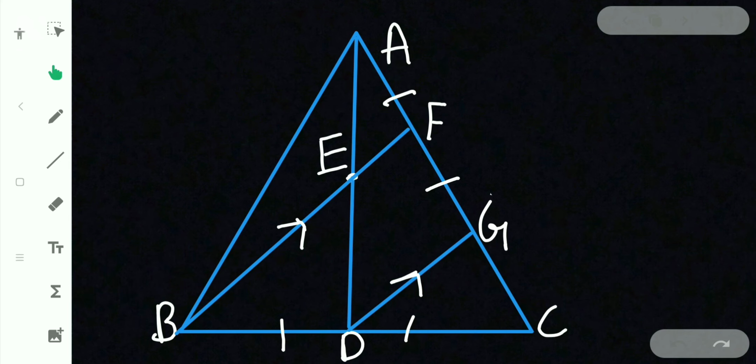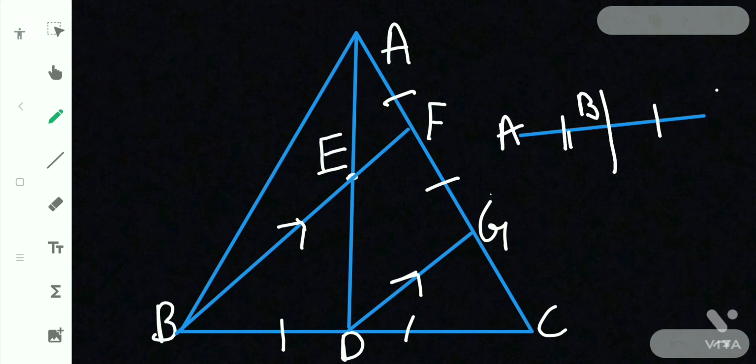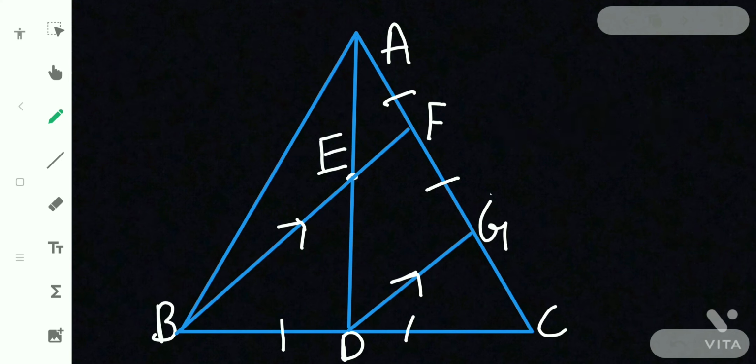So bisecting is nothing but dividing. If a line is bisecting, these two lines will be equal. AB will be equal to BC. So that is the meaning of bisecting. It is dividing that line into two equal parts. Okay. Now by converse of midpoint theorem, we have proved this.